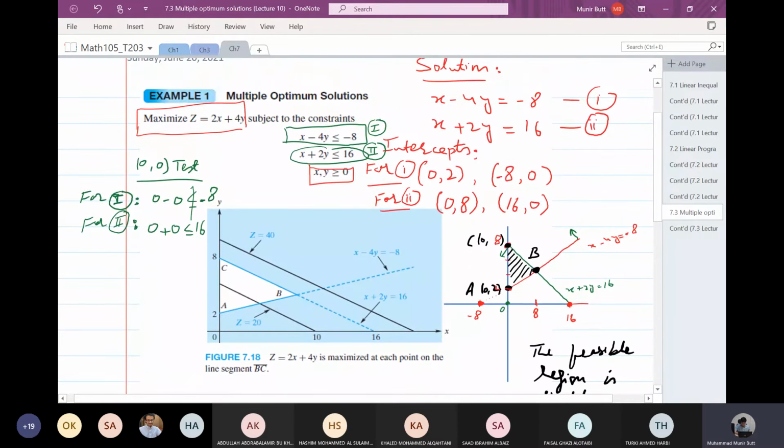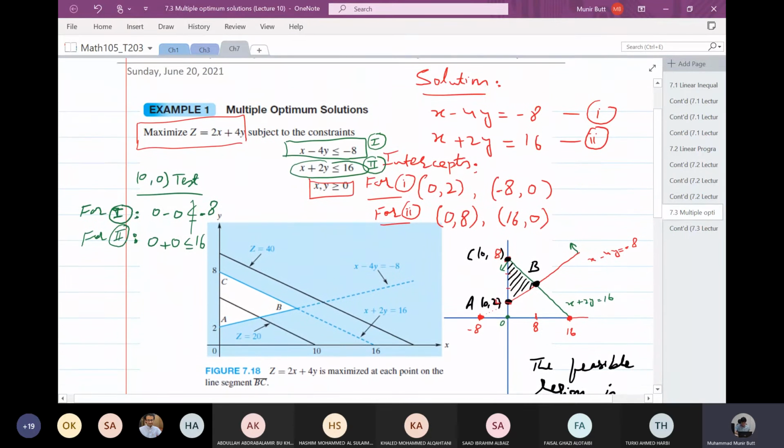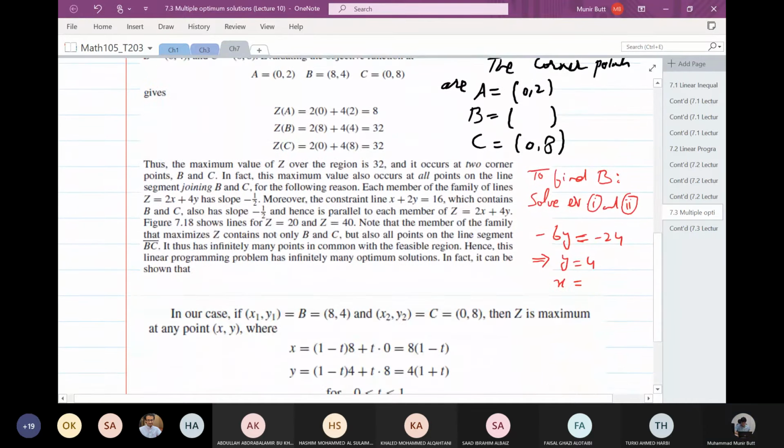For example, you put in 1, y was 4, 4 times 4 is 16, 16 comes to the right hand side plus 16, 16 minus 8 will be 8. So what is the point here? 8 and 4. Got it?